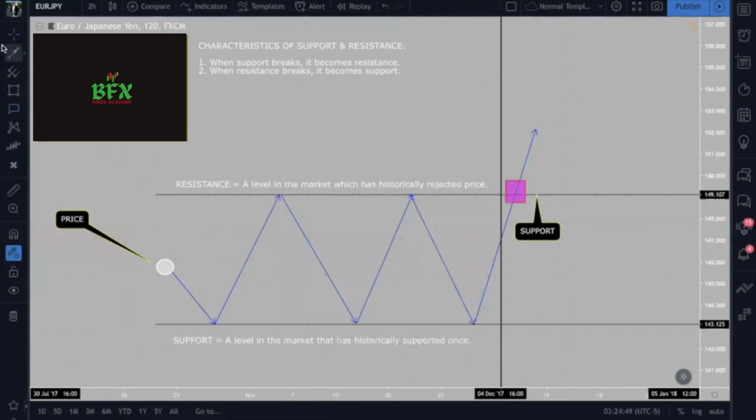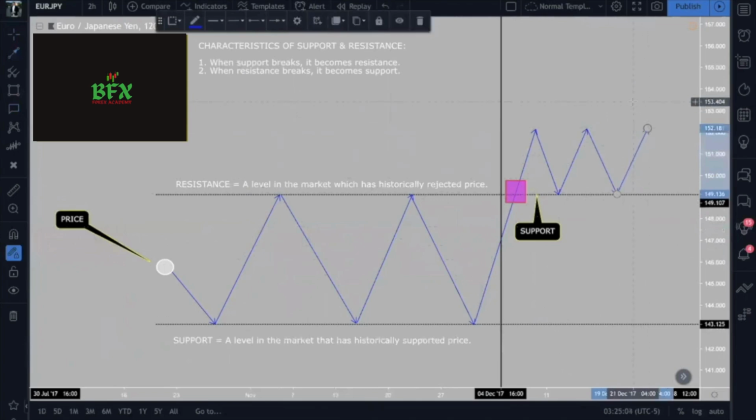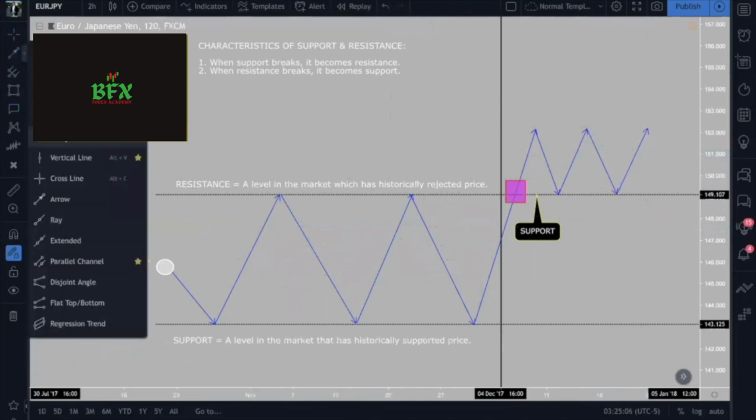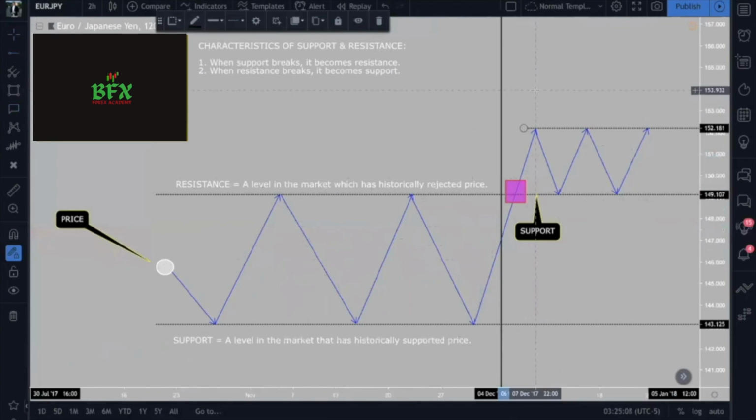Because now that price has breached the resistance and is now above the resistance, price will come back down and it will act as support. And a new resistance will form somewhere up above somewhere else.